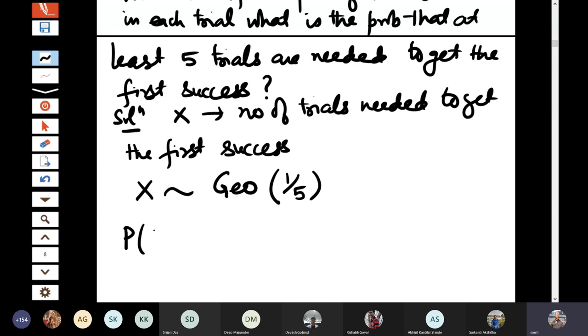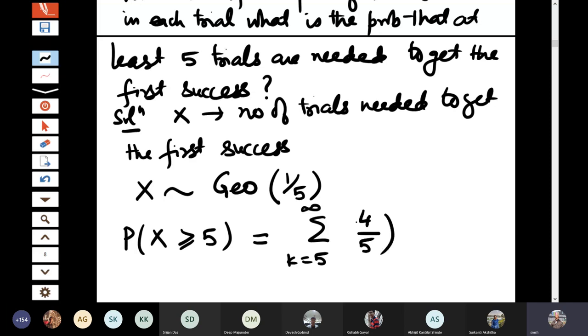What is the probability that you need at least 5 trials? So that is the sum from k equal to 5 to infinity of (4 by 5) to the power k minus 1, times 1 by 5, because p is equal to 1 by 5.